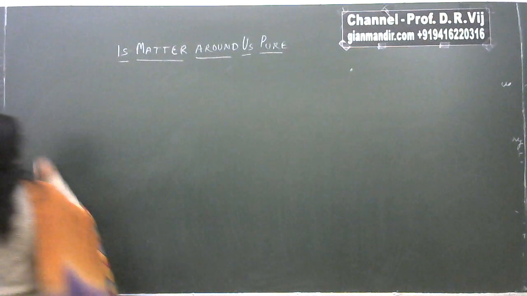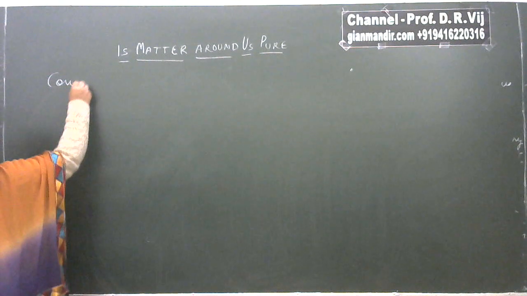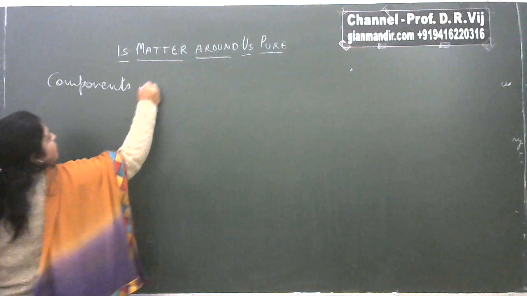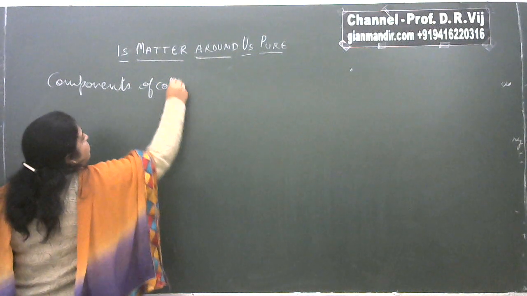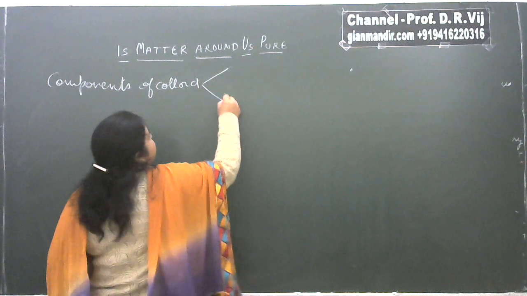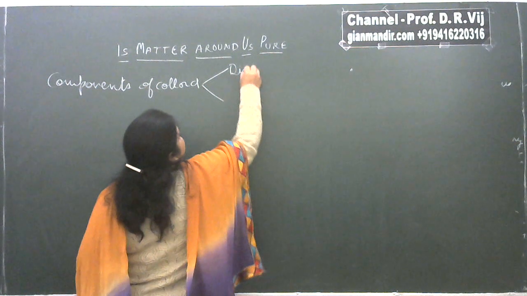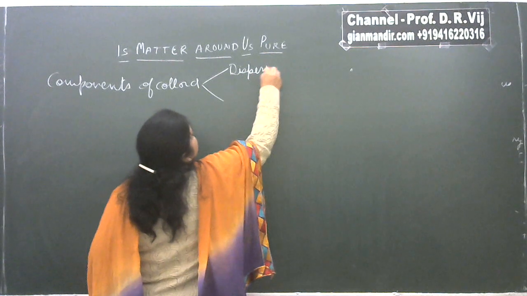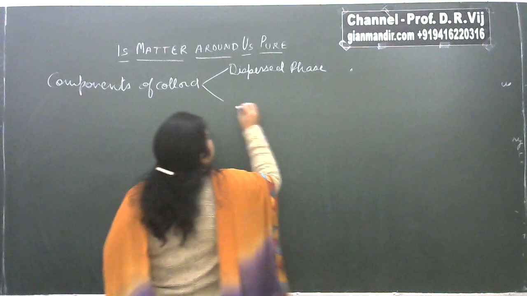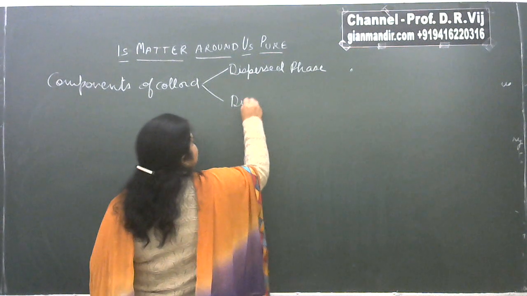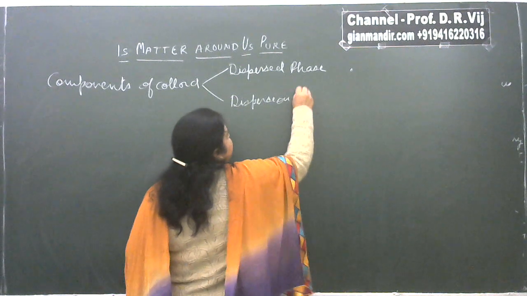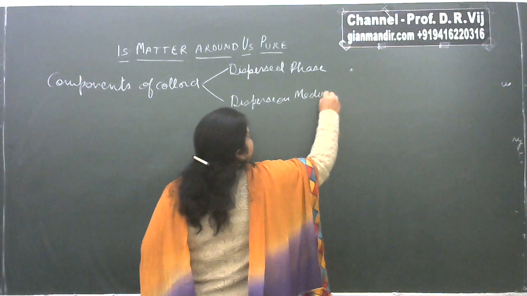So there are two components of colloid: one is dispersed phase and the other one is dispersion medium.